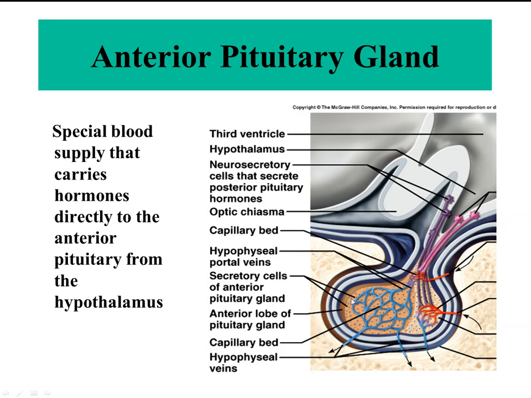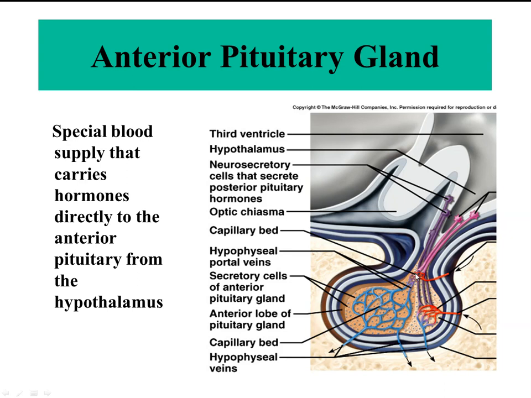pick up the hormone produced by the secretory cells. It secretes these hormones from the anterior pituitary gland. As those hormones are secreted, they are picked up by these paper-thin walls of these capillaries and venules, to be carried to the target cells, either to another gland and then that gland will secrete another hormone that will go to the target cells, or this hormone is taken directly to the target cells for a reaction.